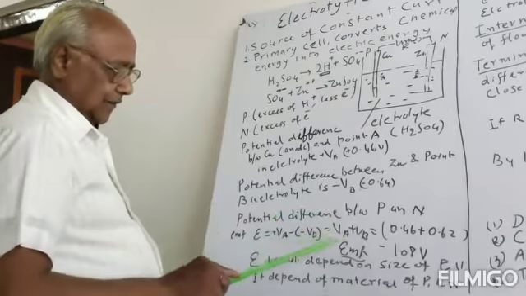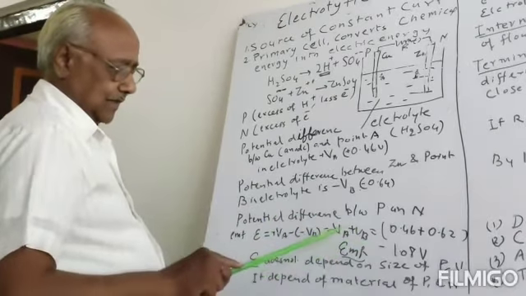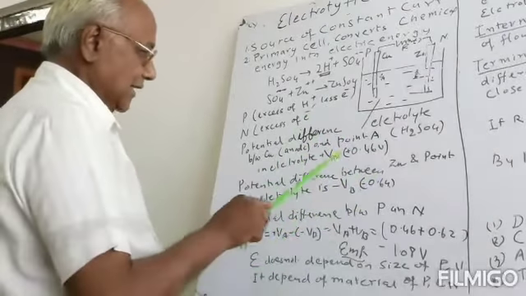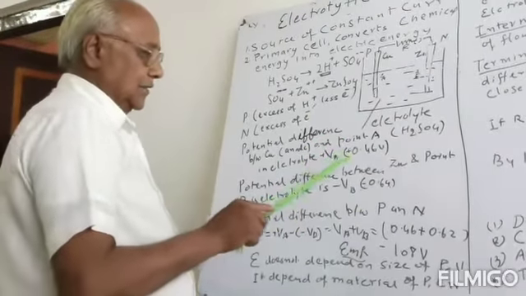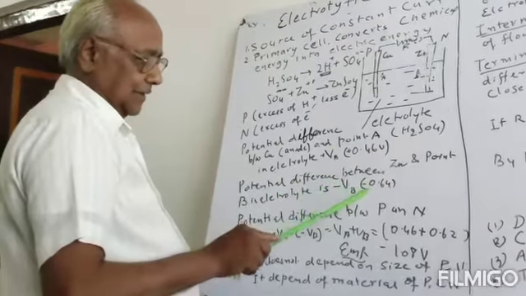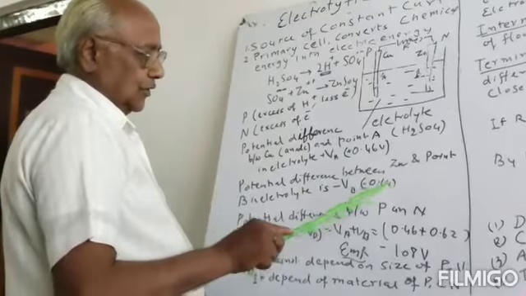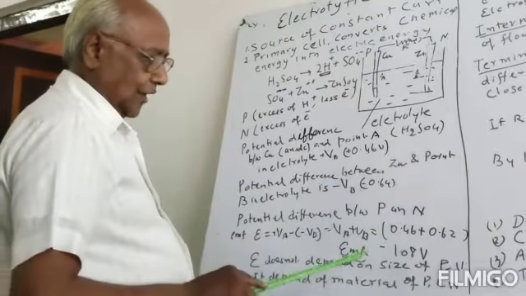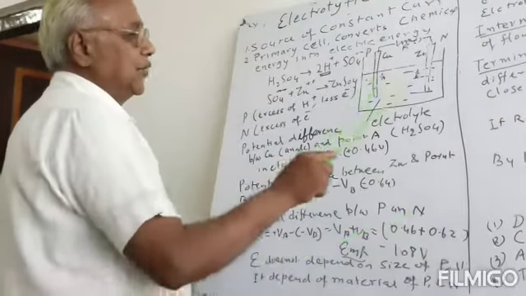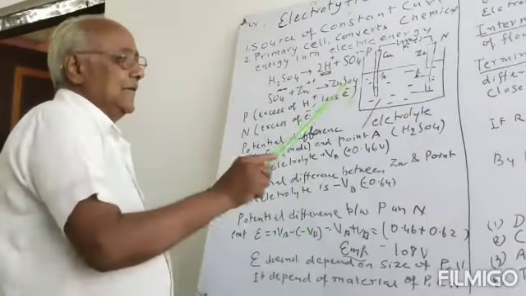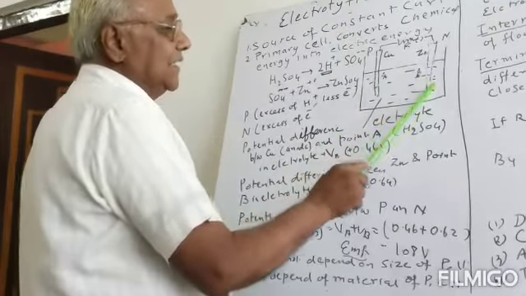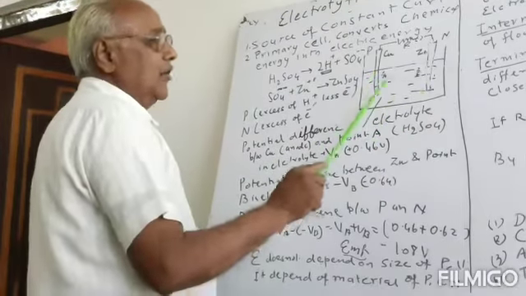So it will be VA plus VB. Now if we substitute the values, this will be equal to 0.46 plus 0.64, so this will be equal to 1.08. So 1.08 is the potential difference between the anode and cathode, and this will be the EMF of the cell.